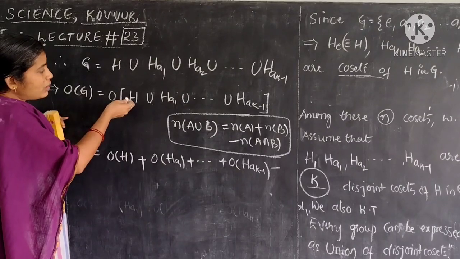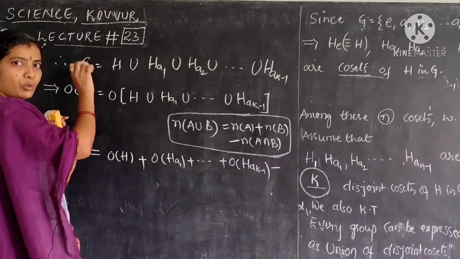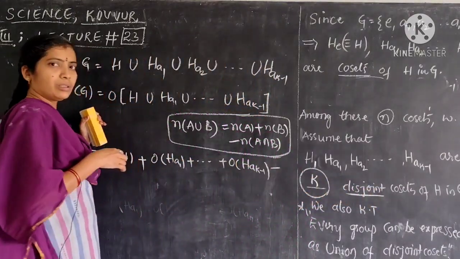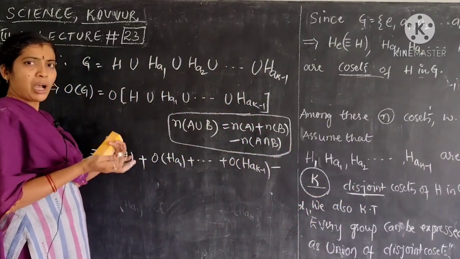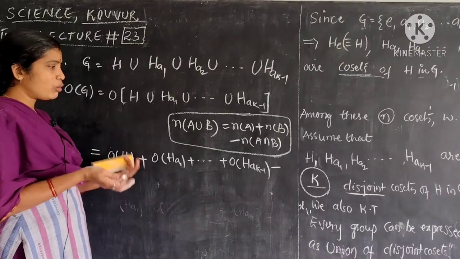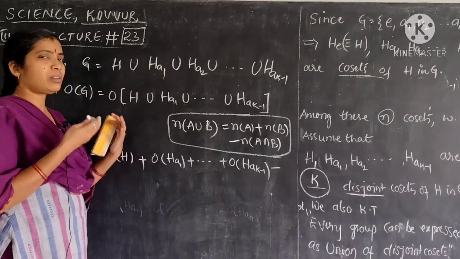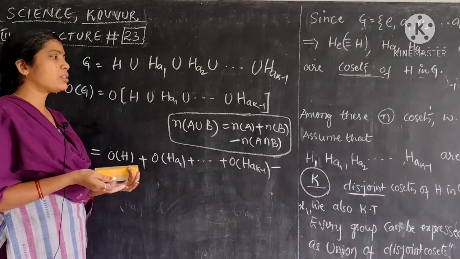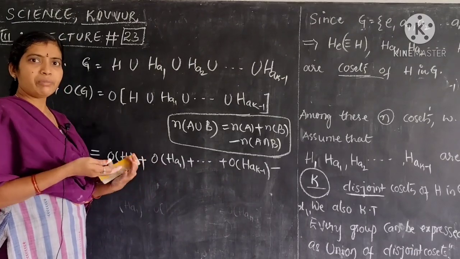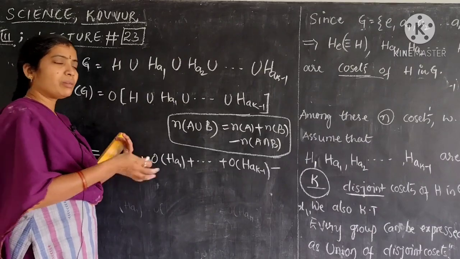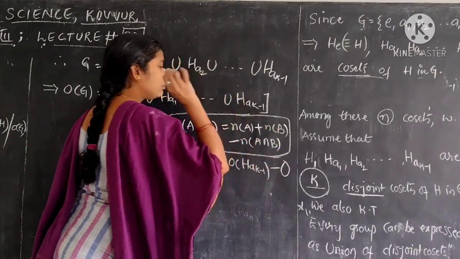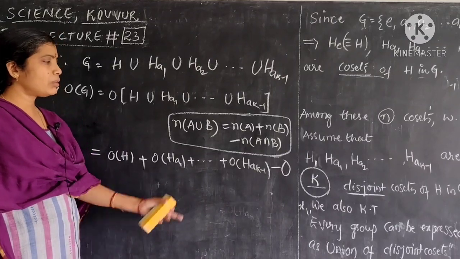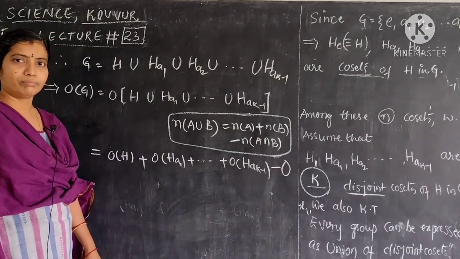What are these sets? They are disjoint cosets. What is the meaning of disjoint cosets? They have no common elements. If they have no common elements, what is the order of their intersection? The intersection set does not contain any element, so it is the empty set. The empty set does not contain any element, so the value is 0.